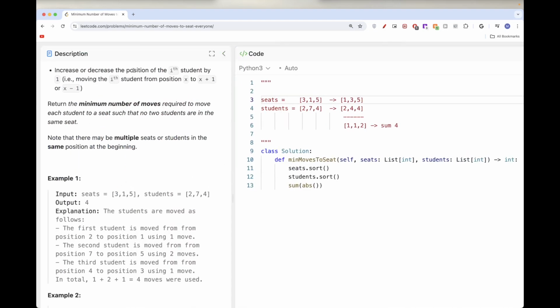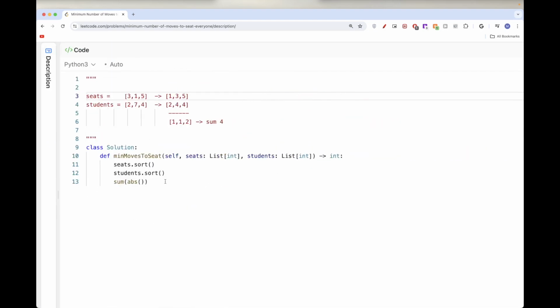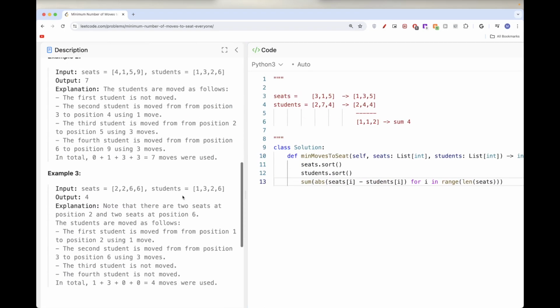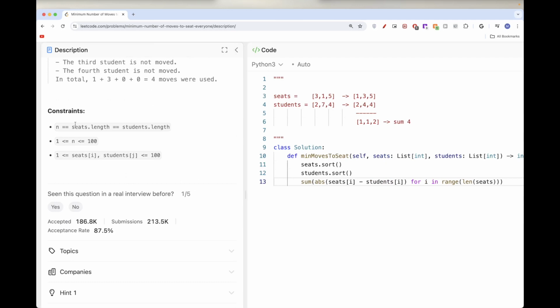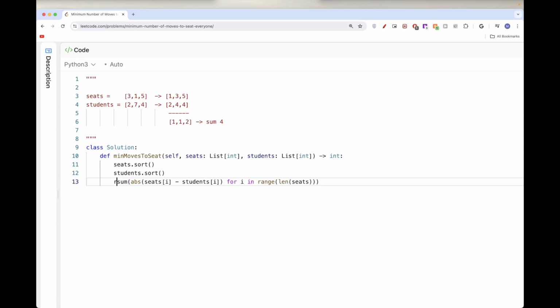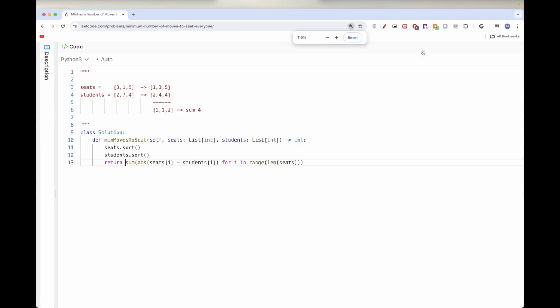We can do a +1 or -1 move, right? And so we just take the absolute value of seats at position i minus students at position i, and we go through all positions. This should work because we know they both have the same length. Okay, so we do that, we return it. That should be all we need to do.